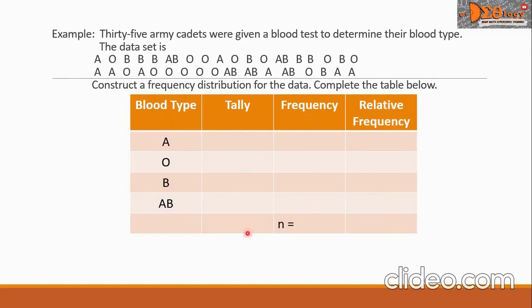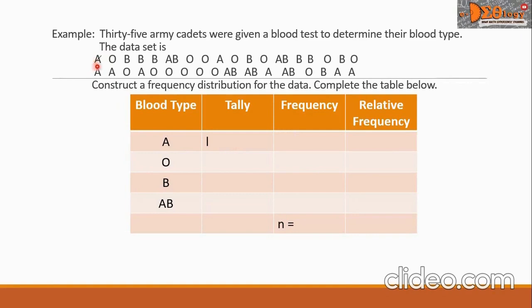Now, let us begin with our tallying of the raw data. Let's begin with our first datum, that is A. We're going to tally this value in the column tally opposite category A. So we have here the tally, and we will strike out that first datum to be sure that we will not repeat that same datum again.